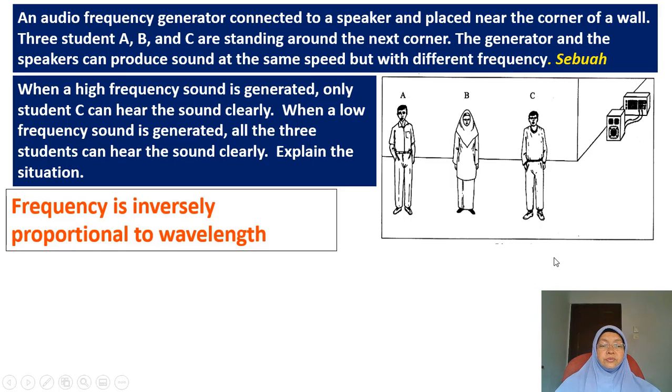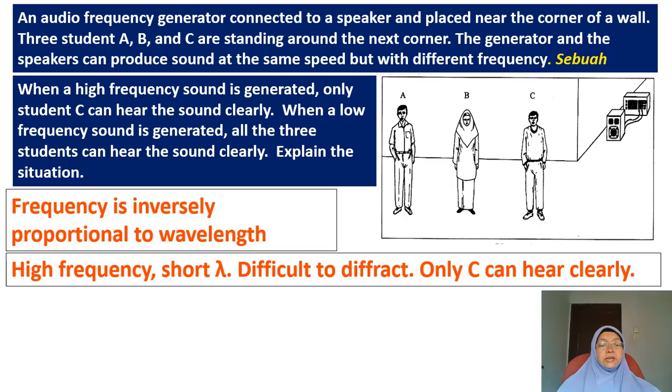First we have to know that frequency is inversely proportional to wavelength. So high frequency means short wavelength, lambda. High frequency, short lambda, so difficult to diffract. Remember just now we learned that with high frequency, lambda is shorter, so difficult to diffract.